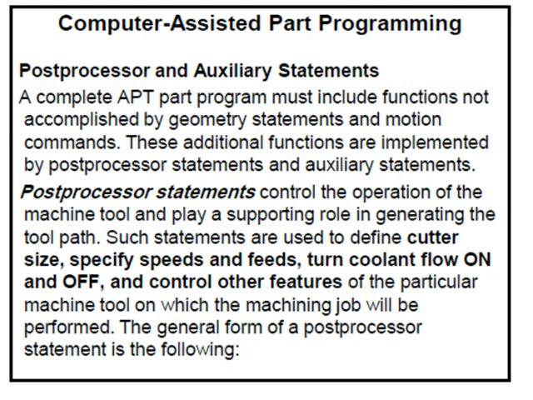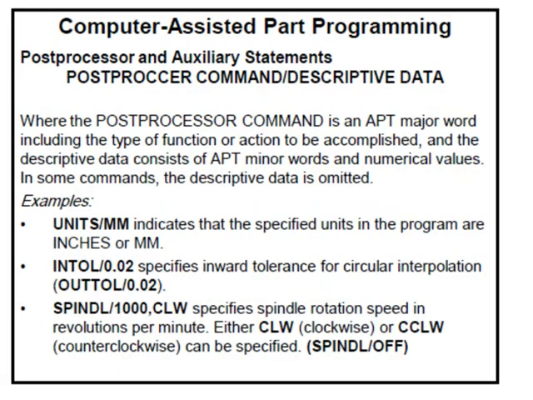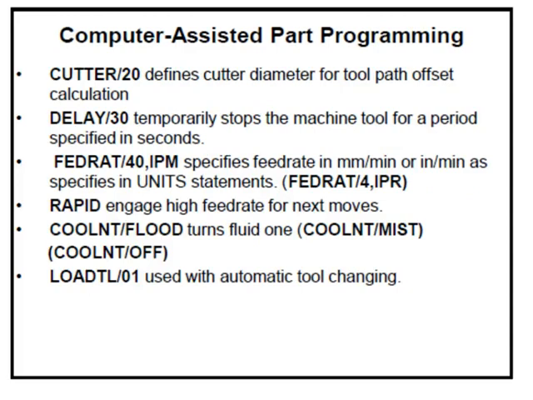And let us see what is a post processor and auxiliary statement. Post processor statement controls the operation of the machine tool and plays a supporting role in generating the tool path. Such statements are used to define cutter size, specify speed and feed, turn coolant flow on, off, and control other features of the particular machine tool on which the machining job will be performed.